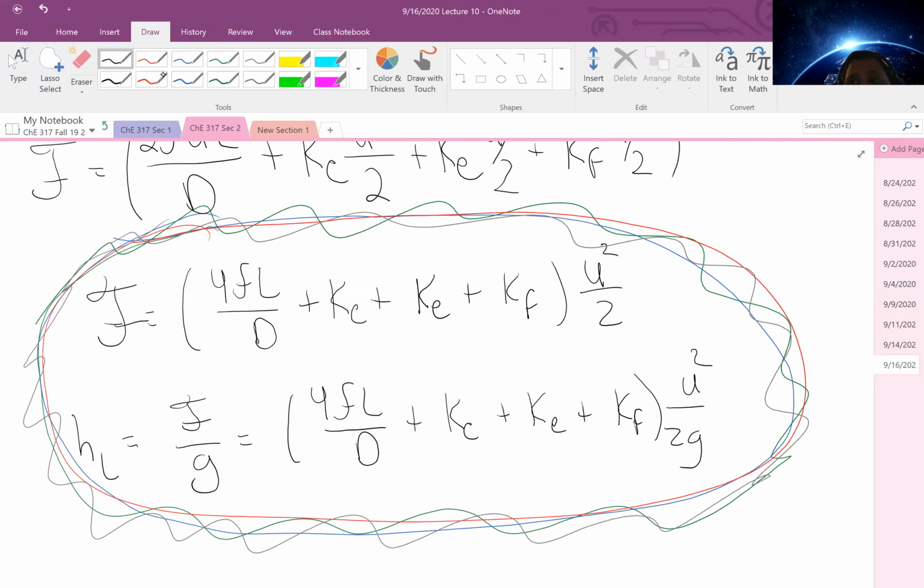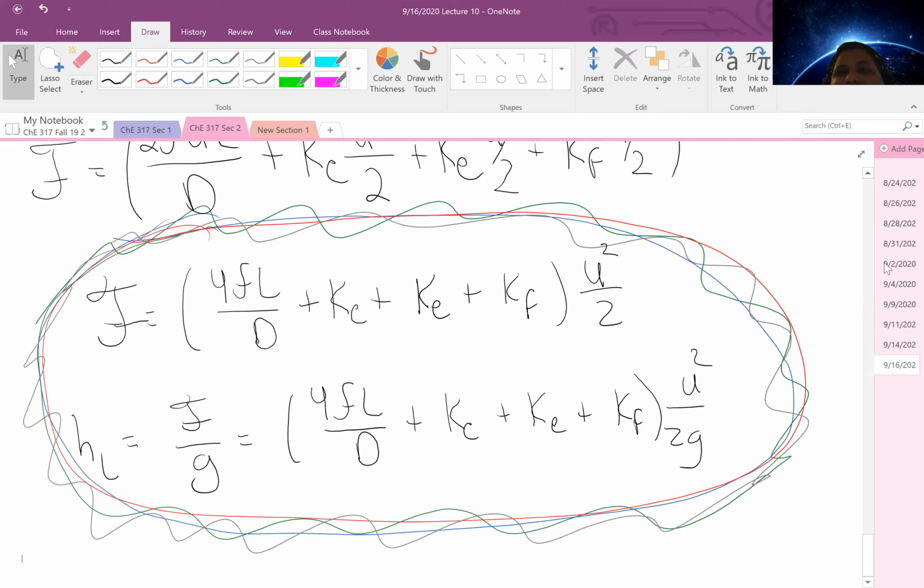So with this expression, now when we're looking at energy balance calculations and solving for power, we don't have to neglect friction any longer. Isn't that exciting?